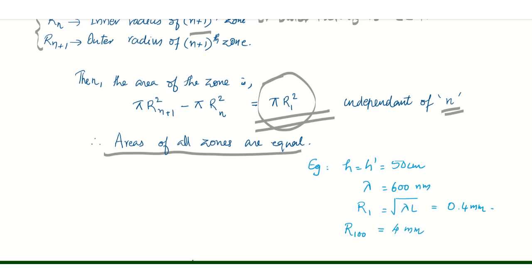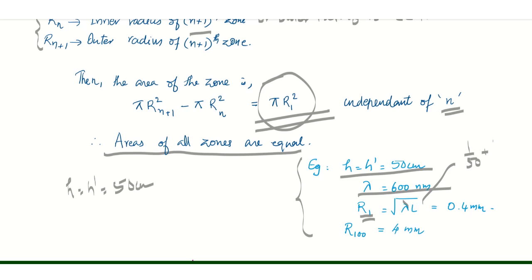To get a feeling for the dimensions of these zones, let's say you have taken h equals h prime equals 50 centimeter, for a wavelength of 600 nanometers. Then R1, the radius of the first zone, is square root of lambda L, where L is 1 by 50 plus 1 by 50 to the power minus 1.